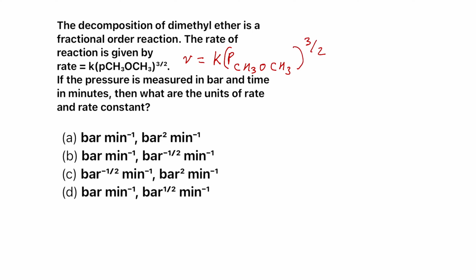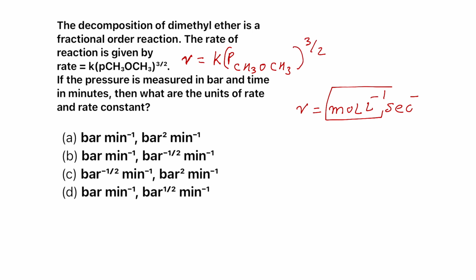If the pressure is measured in bar and time in minute, then what will be the unit of rate and rate constant? Normally you know the unit of rate: mole per liter per second.